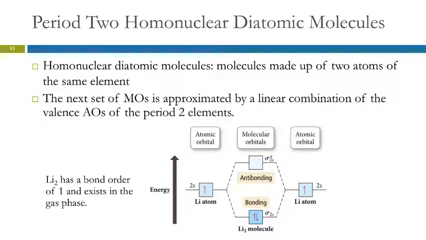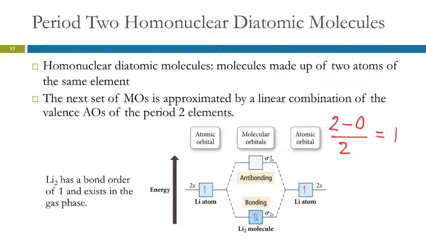They're going to pair up, and then we're done because there were only 2 electrons. So we can look at the bond order of this. It's the number of electrons in bonding orbitals, 2, minus the number in the antibonding, 0, divided by 2. This has a bond order of 1. Positive bond order says this should exist, and it does. It's not common, but it does exist in the gas phase.